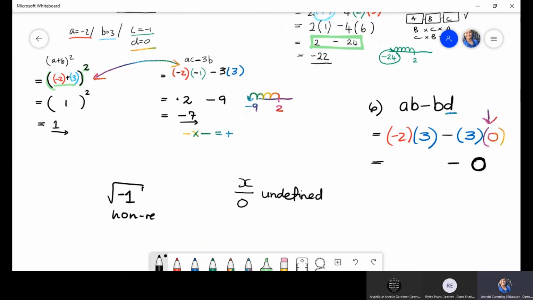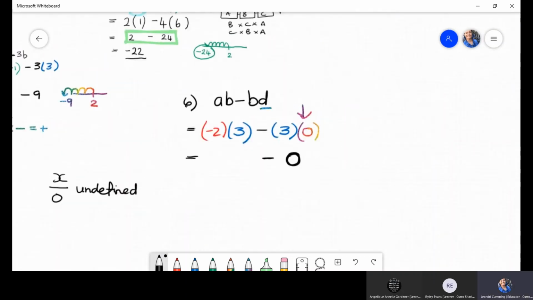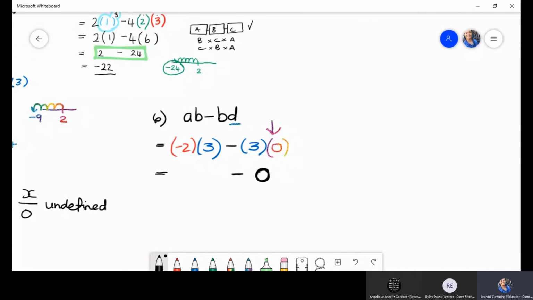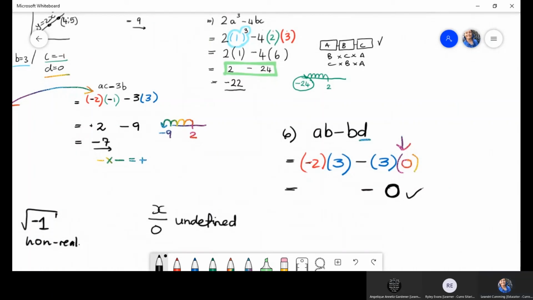This is non-real. So don't think multiplication by 0 is not allowed. Yes, it's fine. It's just 0. But minus 2 times positive 3 becomes minus 6. Minus 6 minus 0, minus 6. Okay.